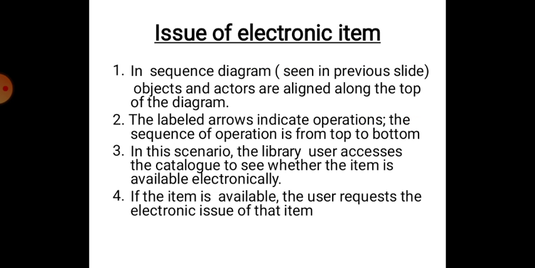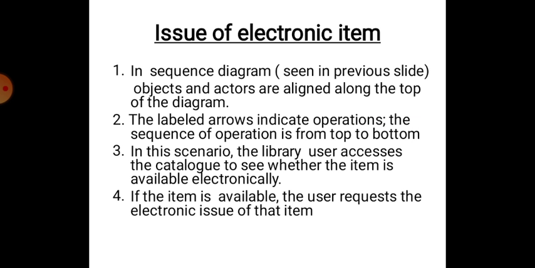Issue of electronic item. Point number 1. In the sequence diagram seen in the previous slide, objects and actors are aligned along the top of the diagram. So in this diagram, on the very top, that is the first row, we can find library user, e-catalog, library item, and library net server. The labeled arrows indicate operations. The sequence of operations is from top to bottom.